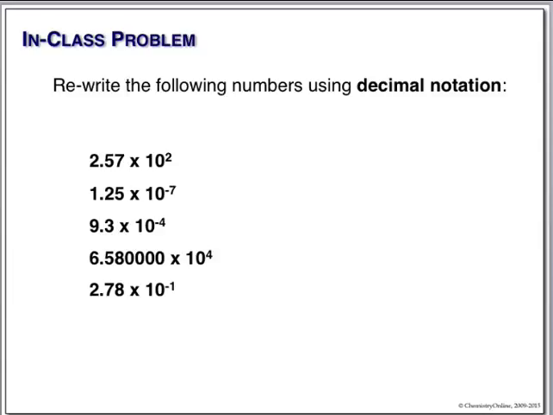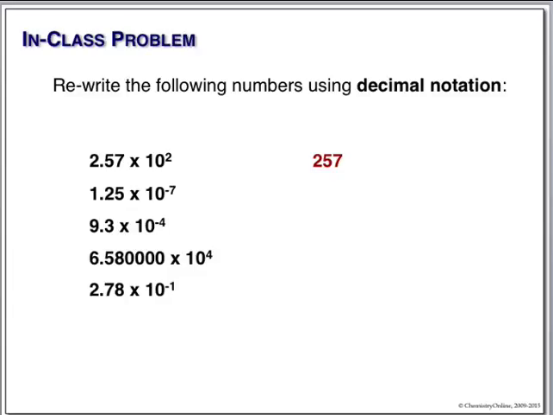When we go backwards, we're going to, of course, keep our same digits. We're just going to move our decimal. In this case, we're going to go to the right now, 2 places. So 2.57 times 10 squared is going to wind up simply as 257.